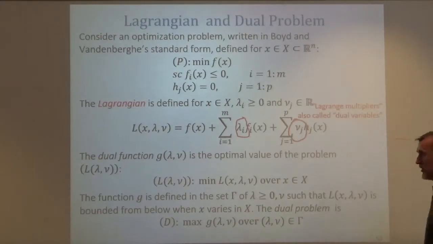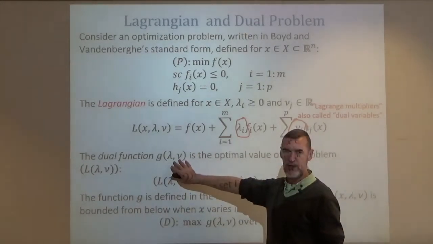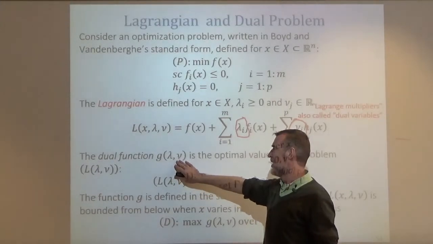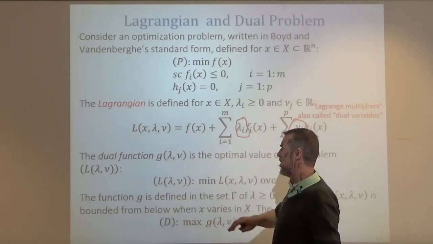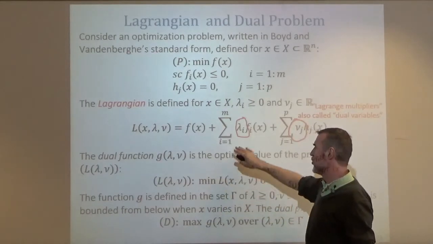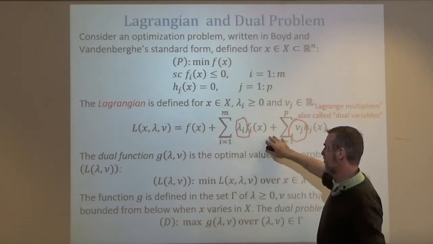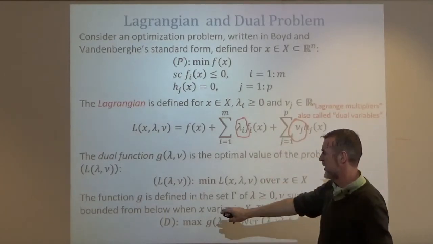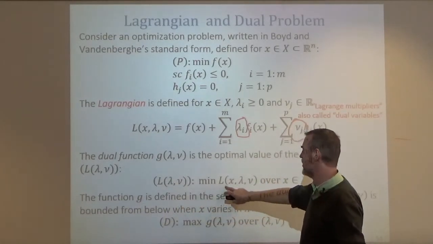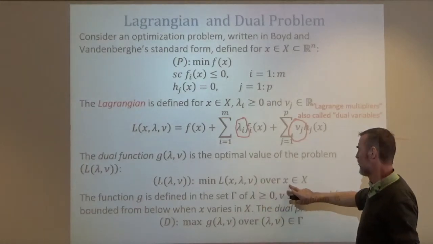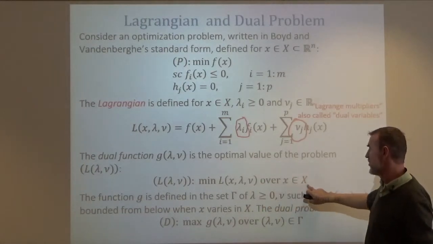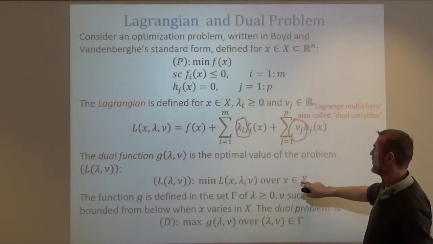The dual function is a function of the Lagrange multipliers only, and is the optimal value of an optimization problem where we have replaced the constraints by those linear combinations. So that's the problem that I call L of lambda, nu, which is minimize this over now the x. So there can be some constraints in x. Well, I don't say what they are.